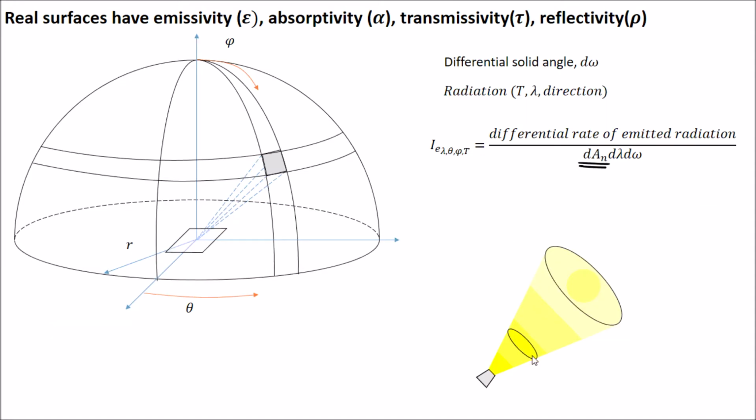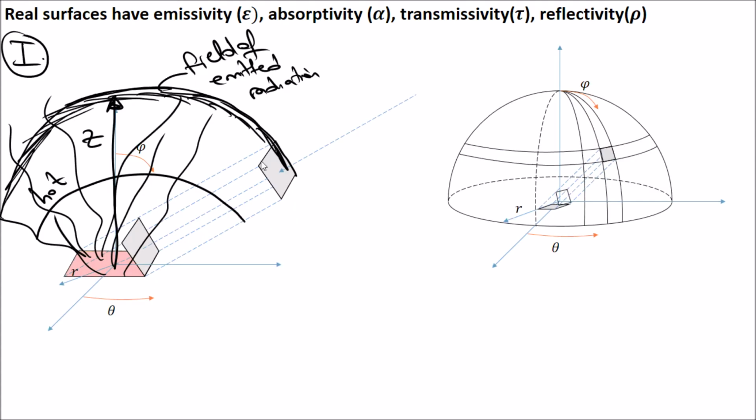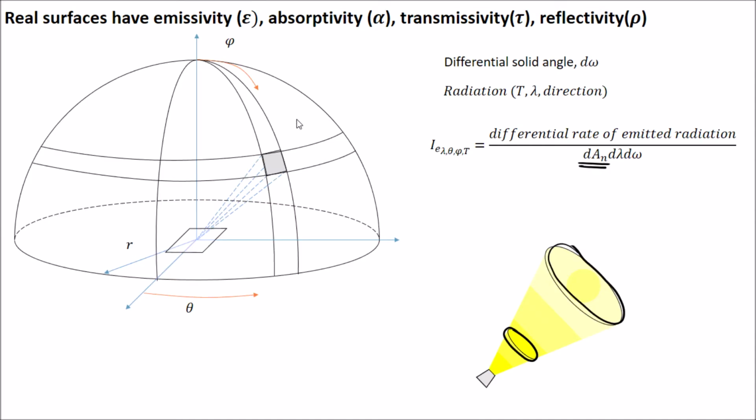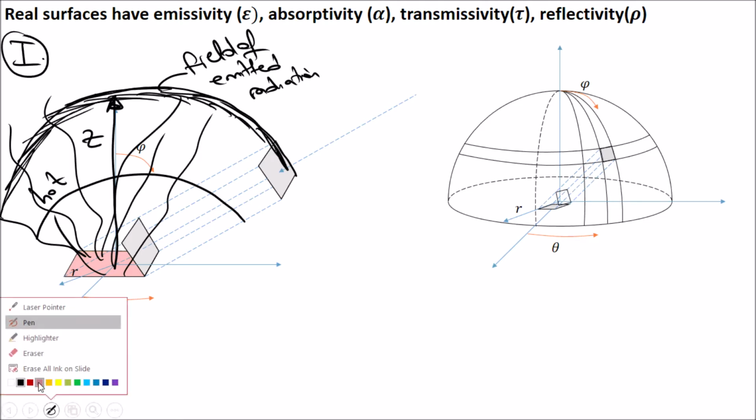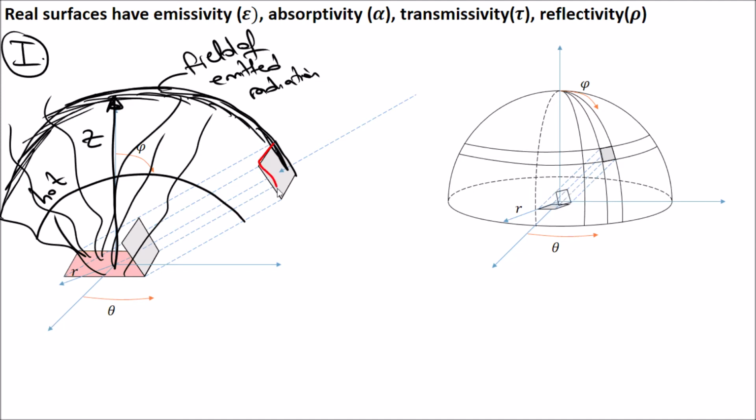Similarly, if I take a location here, I will have this amount of radiation, then here I will have this amount of radiation. Say that I am trying to find the differential area on that surface. For example, this one is a 3D surface, and I am trying to find that differential element on that surface.